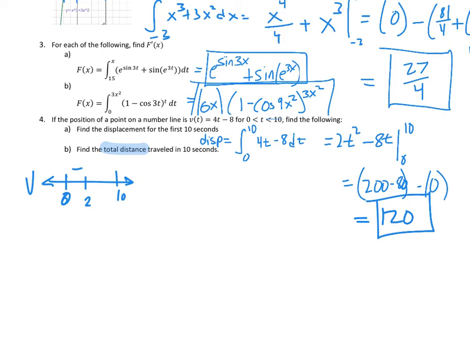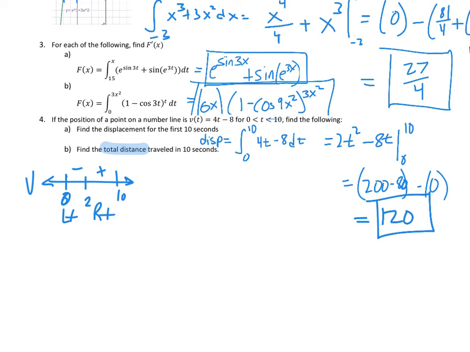It's negative, meaning it's moving to the left before that. And if you plug in numbers like 3, 4, 5, you're going to get a positive number, right? So it's moving right. Okay, so this is left, and this is moving right. So it changed directions.